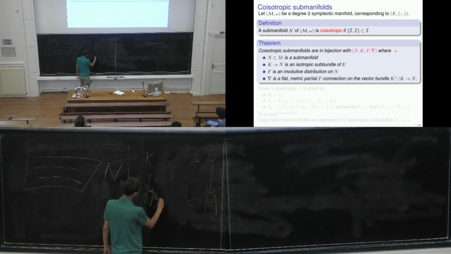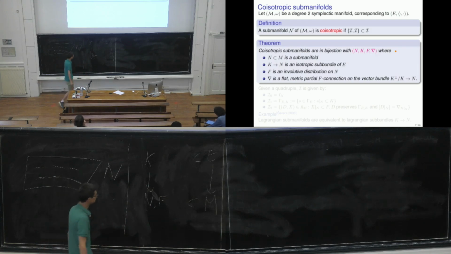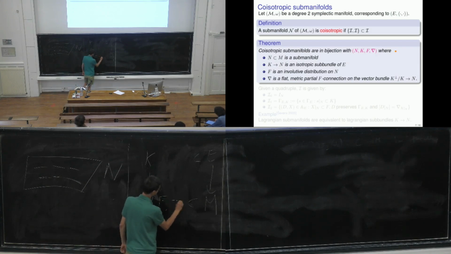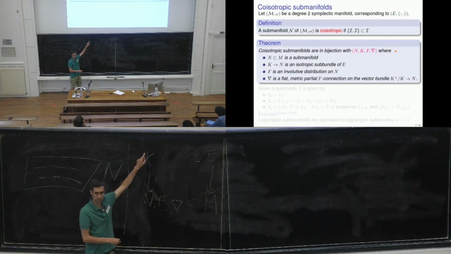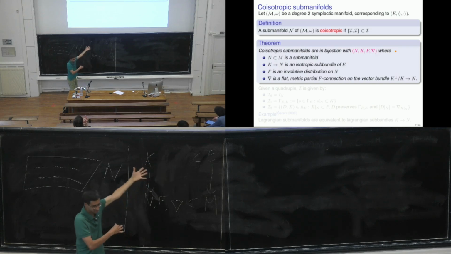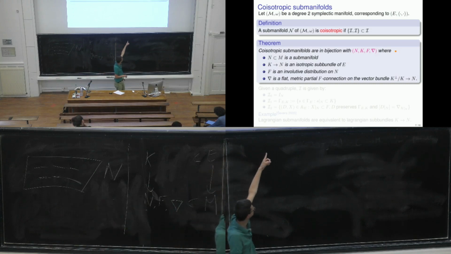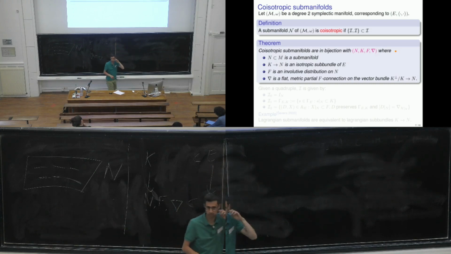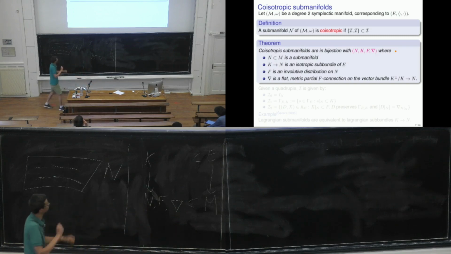On N, I have a foliation F. And furthermore, there is a flat metric connection around. This is an F-connection, not on the isotropic subbundle K, but on some other vector bundle constructed out of it, namely K perpendicular divided by K. Perpendicular, of course, is with respect to the pairing. These are the data you get if you work a bit and translate.